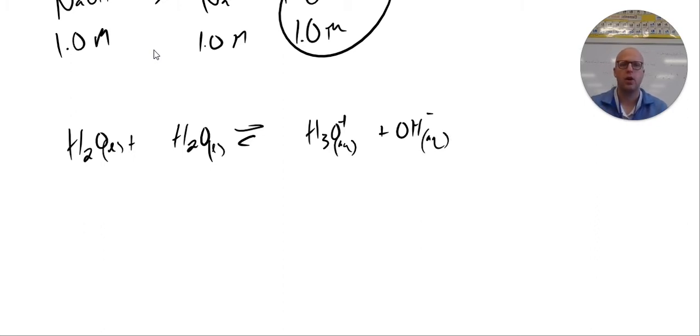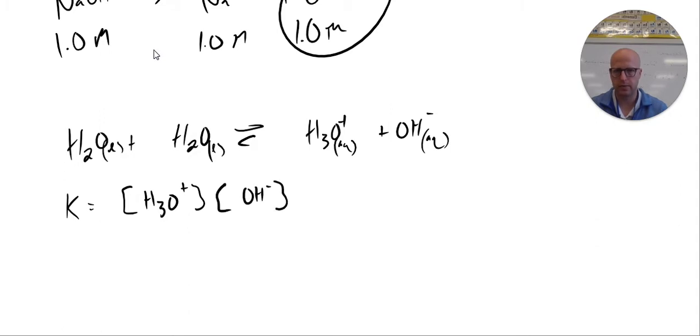Water breaks down to H3O+ and OH- ion concentrations. If I wanted to write a K for this, K is equal to H3O+ times OH-. And this is a very special K. This is called the Kw, the equilibrium constant for water.